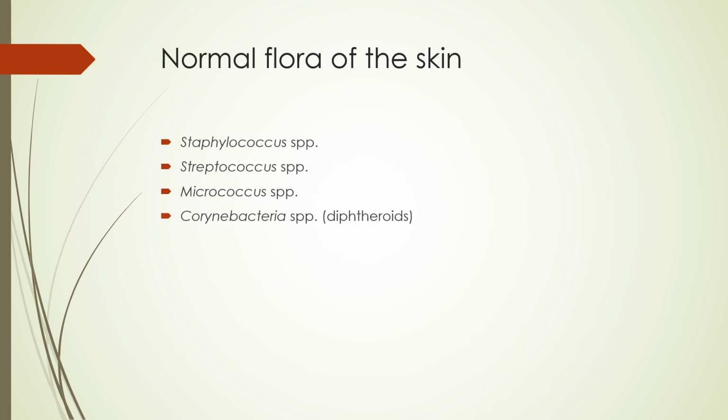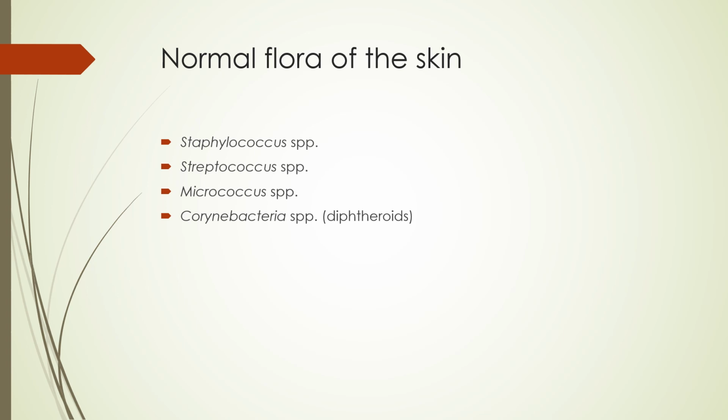There's quite a number of different organisms that are normal flora on the skin. We've got Staphylococcus. Sometimes it could be Staphylococcus aureus, but usually it's what we call coag-negative staph. These are staphs different than Staphylococcus aureus. We also have Streptococcus, but not the same type of strep that causes strep throat.